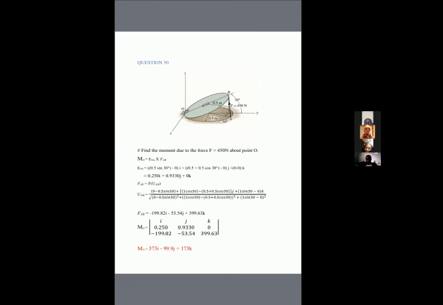So it's 0 there minus the x component of point A, which happens to be 0.5, which is the radius, sine the angle 30 degrees there.